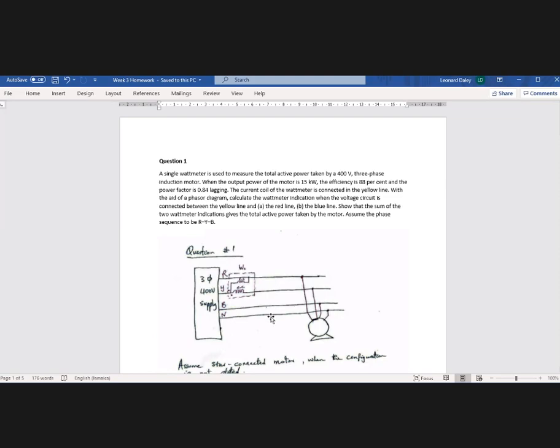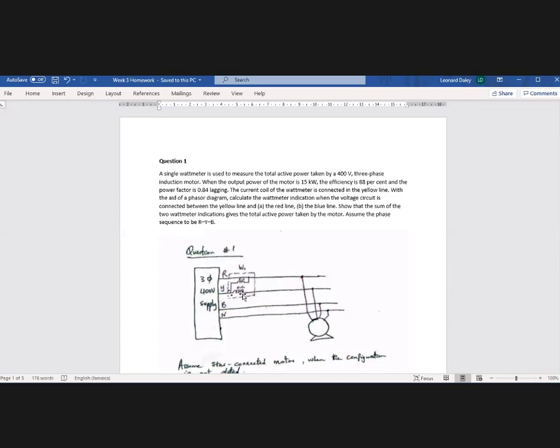Everybody with me so far? The motor is drawing a load. We have 1 wattmeter, and we're going to use that 1 wattmeter to find the total power drawn by the motor. But they tell you how they do the connection. They say that the current coil of the wattmeter is connected in the yellow line.